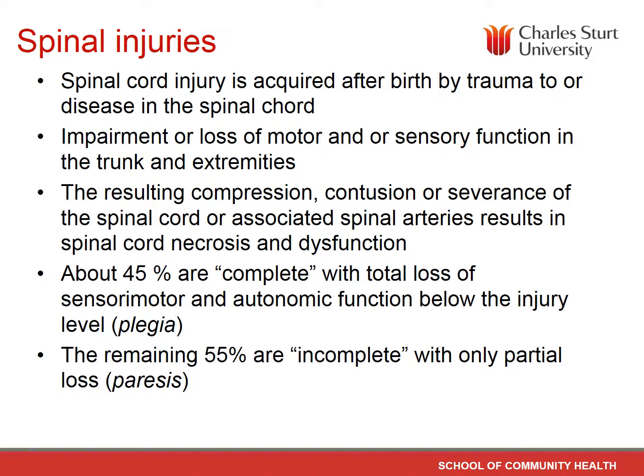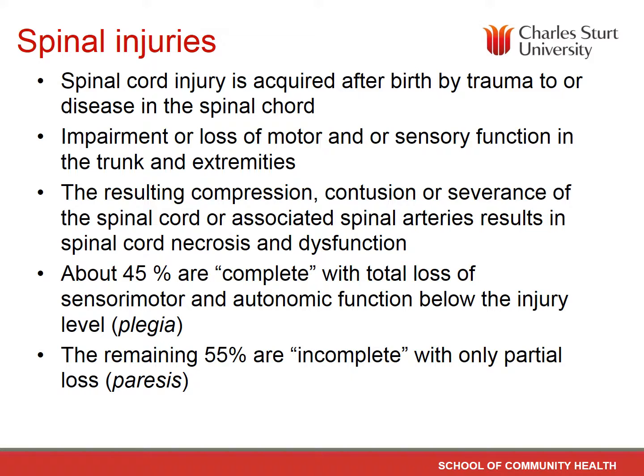The resulting compression, contusion, or severance of the spinal cord, depending again on the cause of the trauma or disease, or associated spinal arteries, results in spinal cord necrosis, so death of the spinal nerves, which will then result in dysfunction. Of the spinal injuries, approximately 45% are what we'd call complete, with total loss of sensory, motor and autonomic function.